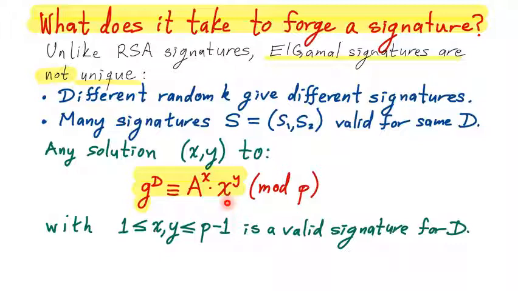So this equation is not very algebraic in some ways. And solving it, or finding solutions of it given a document D, is what is involved in finding signatures for D.